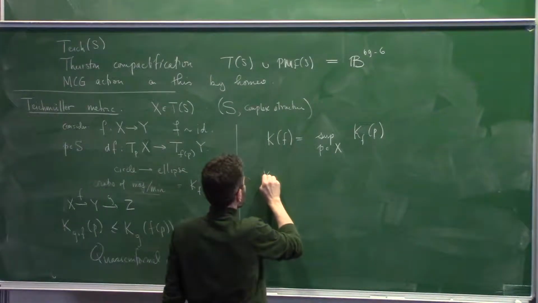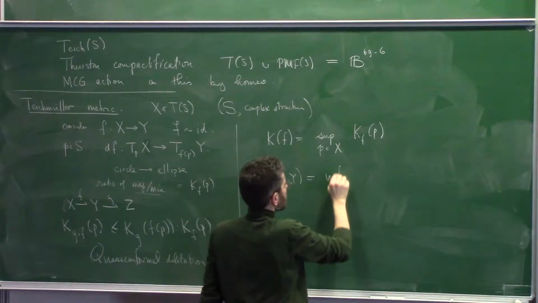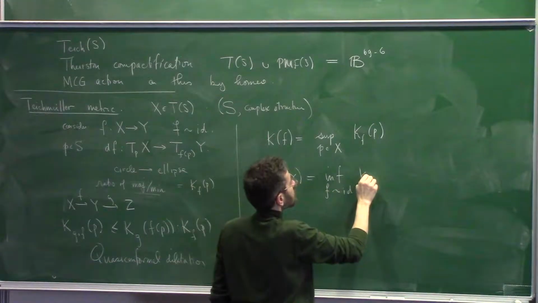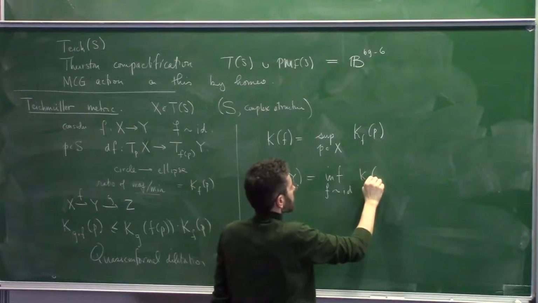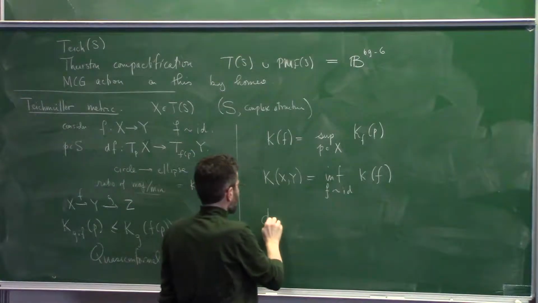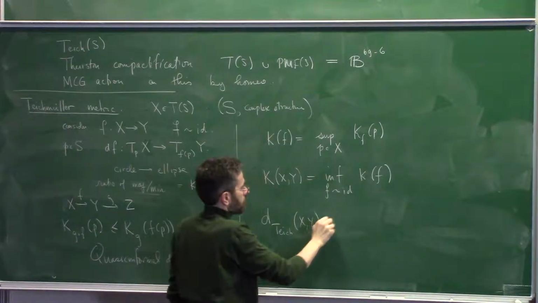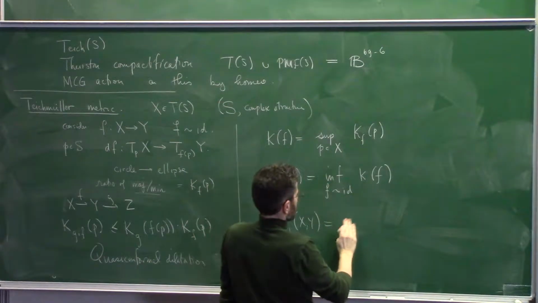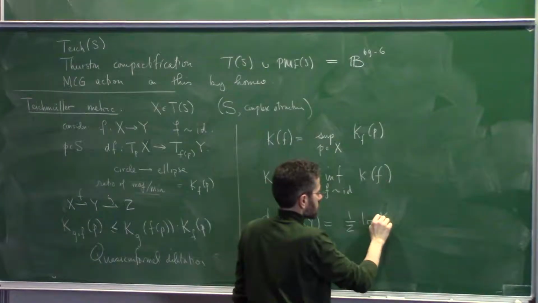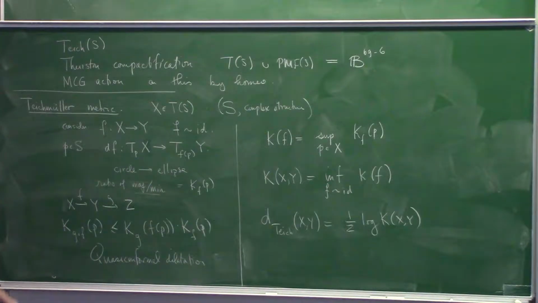And then we let K(X,Y) be the infimum over all F isotopic to the identity of K(F). And finally, the Teichmüller distance between X and Y is defined; I guess there's a half for normalization reasons, and you write that. So that is a metric because of this inequality.